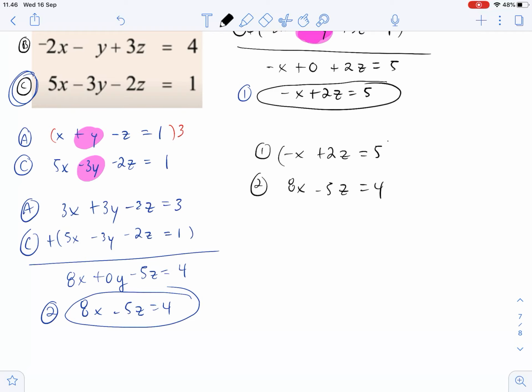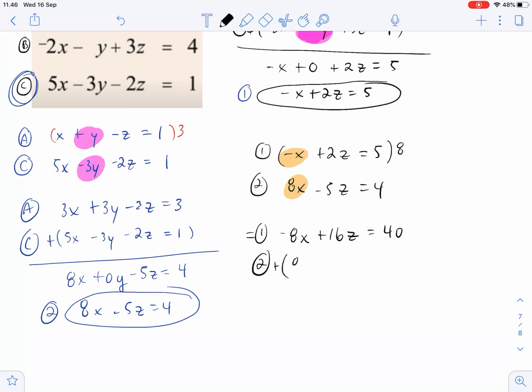Let's just multiply the top one by 8, so I can eliminate my x's. This will be equal to negative 8x, again rewriting equation 1, plus 16z equals 40.